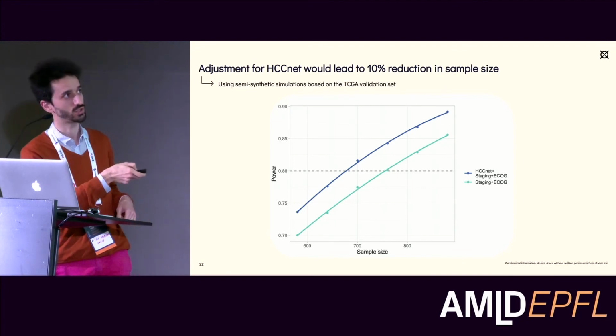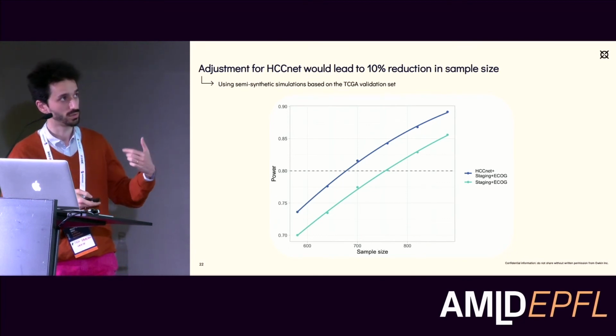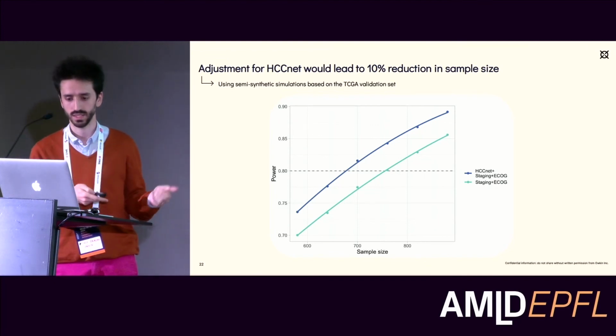And so we again get those power curves, where we have around 5% of additional power, which is basically similar to having the same statistical power with 10% fewer patients.